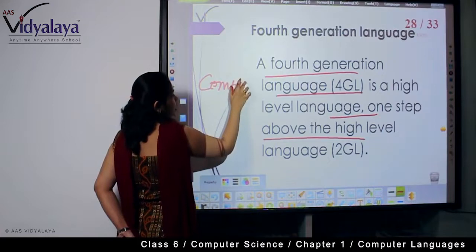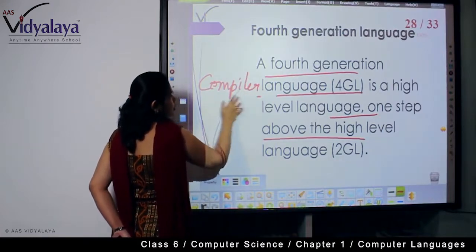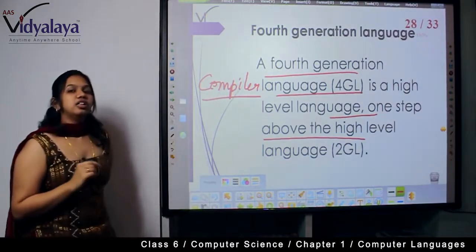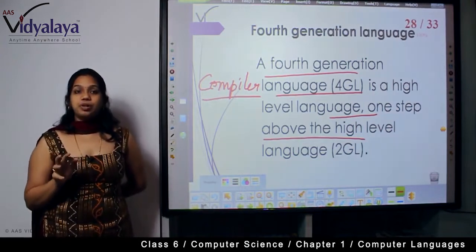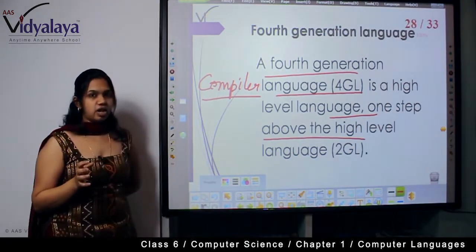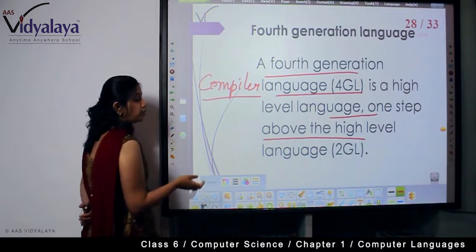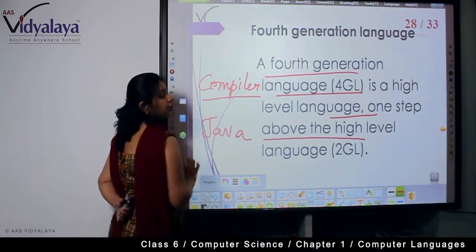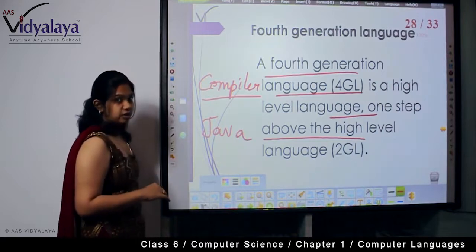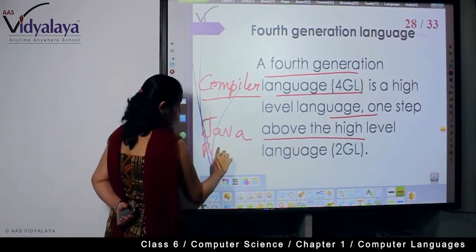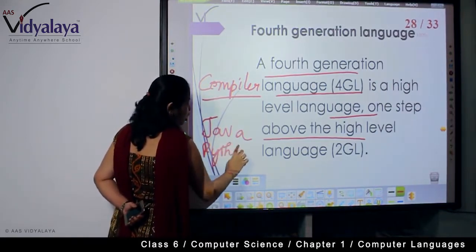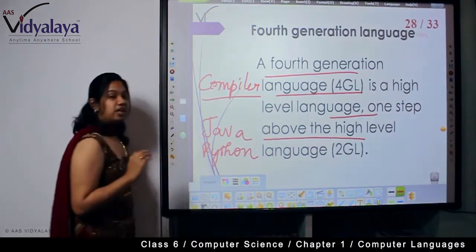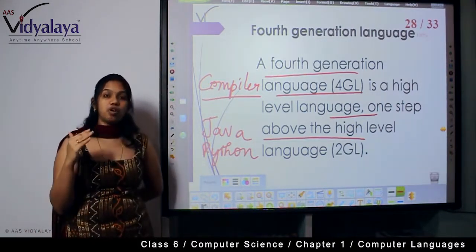Remember the compiler that we were talking about? The third generation languages, for example, were Fortran, Basic and so on. When you talk about a fourth generation language, we would talk about Java, a very high-end language, and Python. All these are high-level languages, the highest level form of languages.